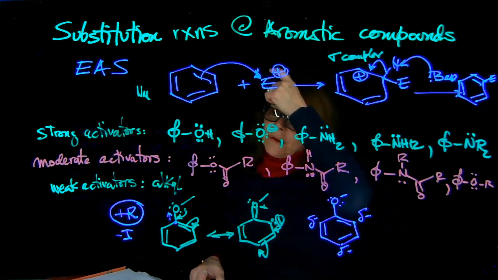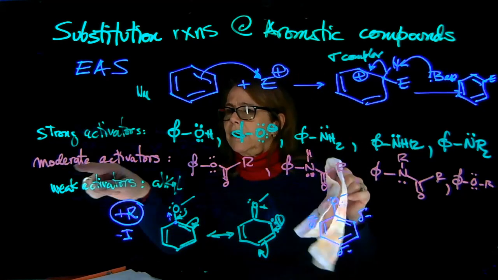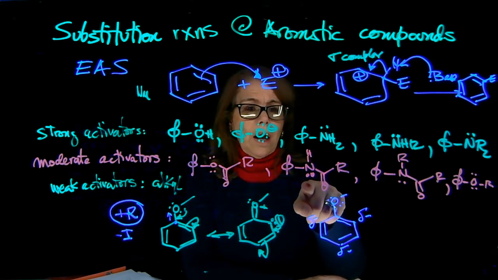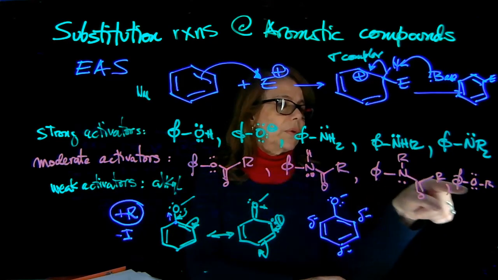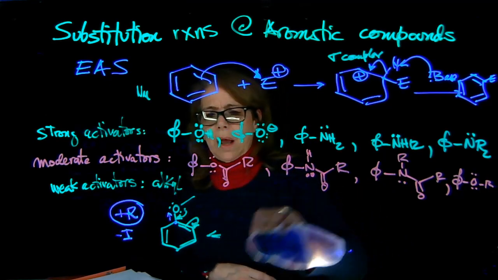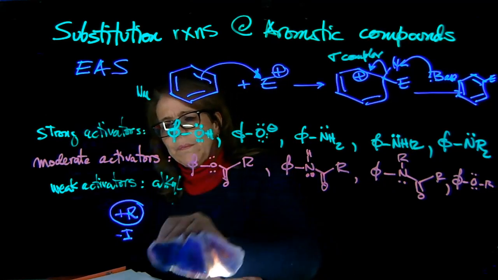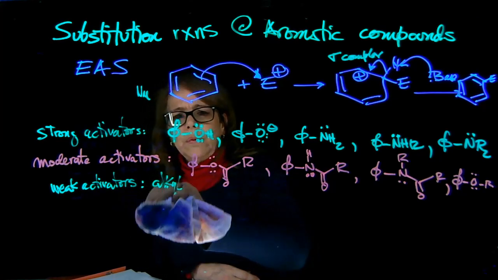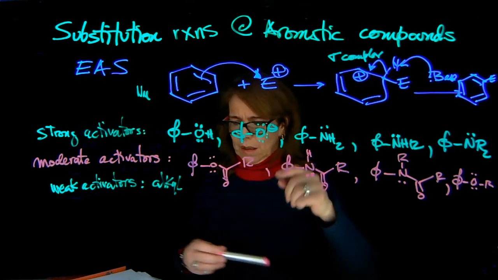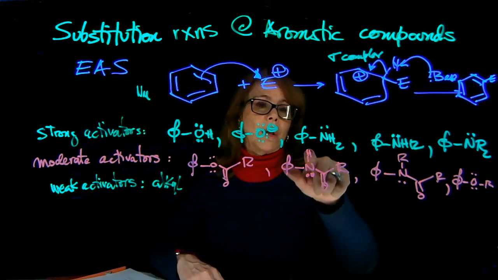And then let's see what happens. So in here we have moderate activators, and we see here an ester, an amide, an N-substituted amide, and an ether. But let's get to the example of the ester. I did the same with phenol and the phenolate, for example, and with aniline.